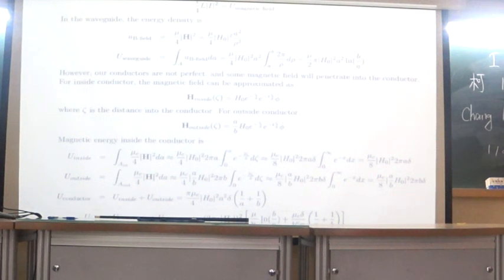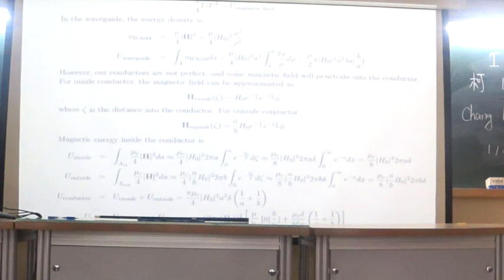Since the skin depth is very small, instead of integrating from 0 to a, we can approximate this integration as going from 0 to infinity, because any number divided by a small number becomes very large, so it can be approximated as infinity.